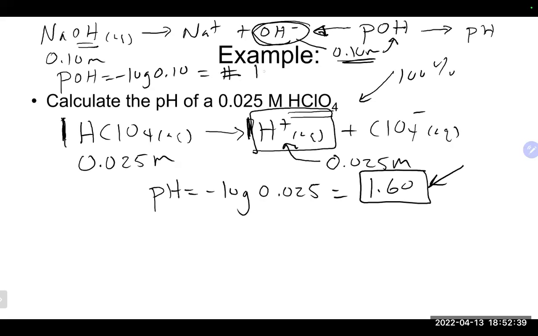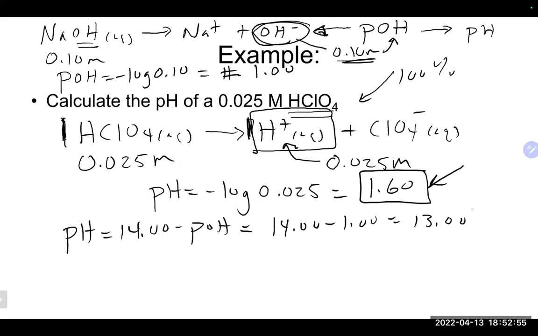Yeah, there should be 1. At that point, you have the pOH, then you could use that the pH is equal to 14 minus the pOH, which in our above example would be 14 minus 1, which gives you a pH of 13, which does make sense, right? Because it is a strong base, and that's pretty basic at a pH of 13.